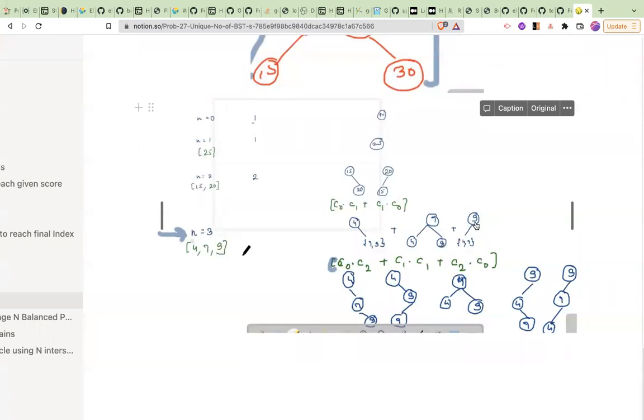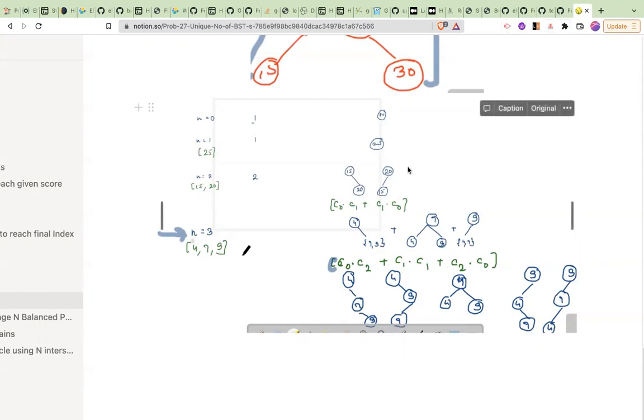If we take 9 as a root, we have 4, 7 on the left and 0 elements on the right. We can represent 4, 7 in 2 ways and the right one in only one way. This is how I showed you the numbers 947 and 974.